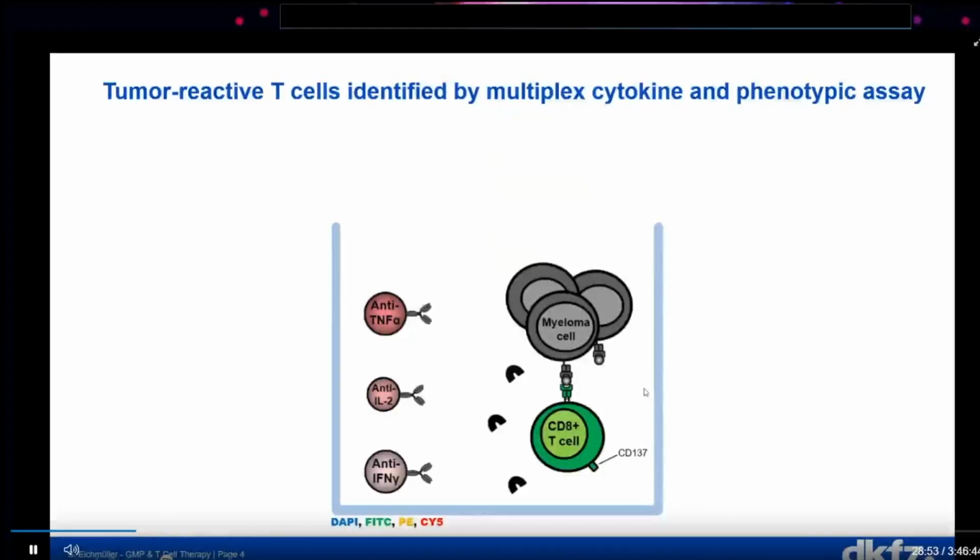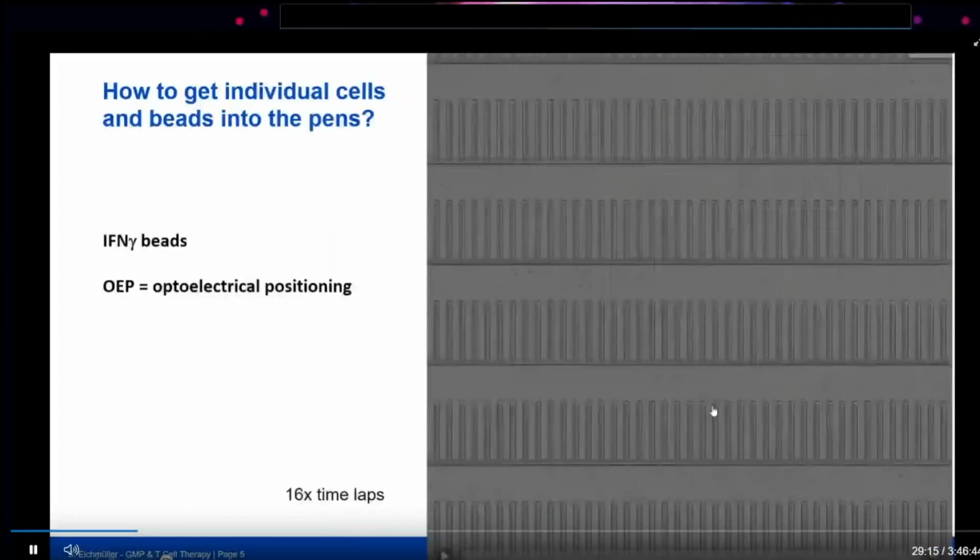In the end, what we can measure is cytokines which may be released by the CD8 T cells upon recognition of the tumor cells. We can also measure 4-1BB, which is expressed on the T cell itself. So we have 4 parameters which can be identified on the Lightning for each individual T cell.